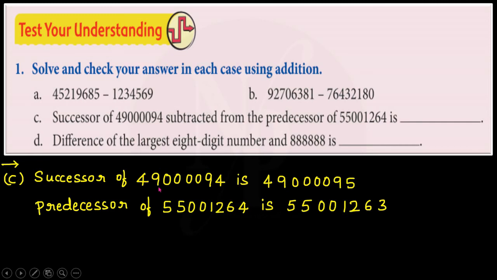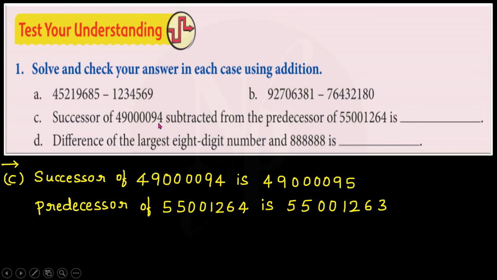Successor of 4 crore 90 lakh 94 is 4 crore 90 lakh 95. That is, the digit at one's place is increased by 1. And predecessor of 5 crore 50 lakh 1264 is 5 crore 50 lakh 1263, which is 1 less than this number.